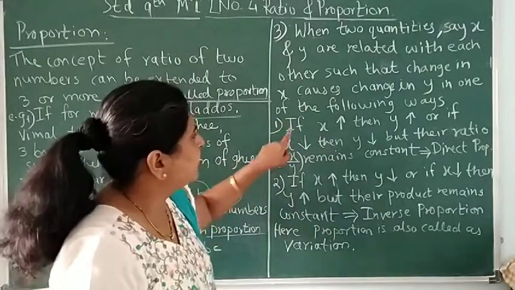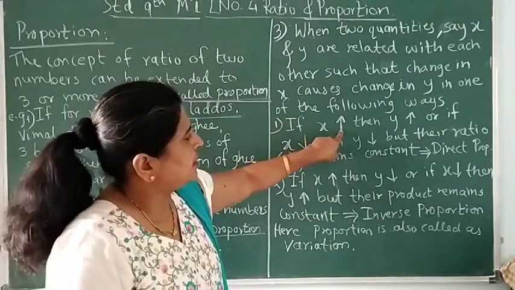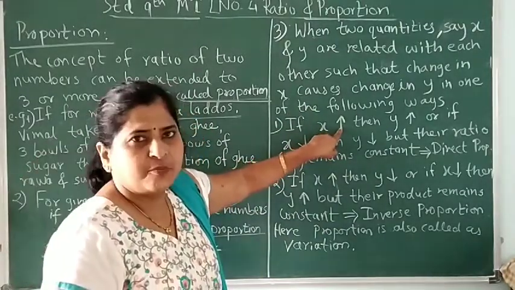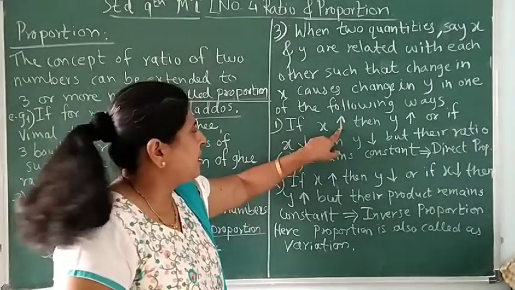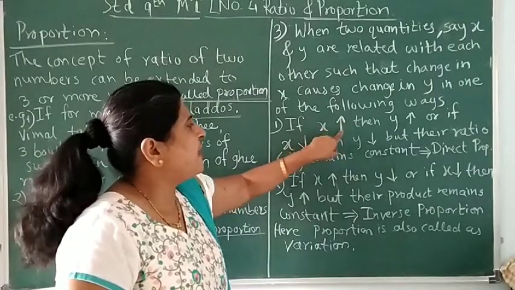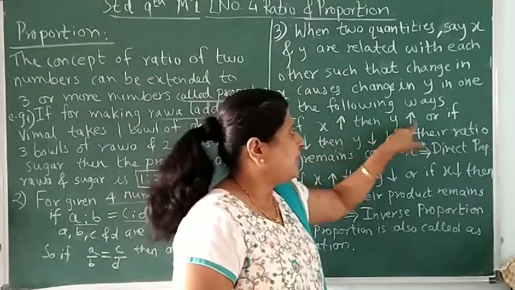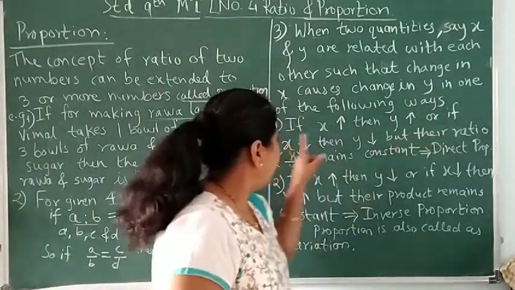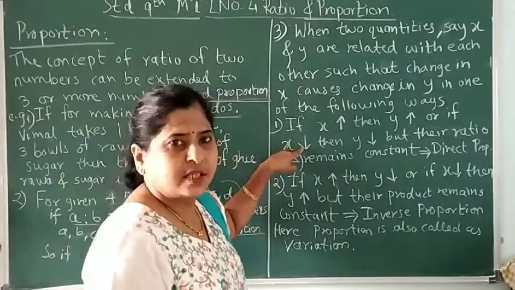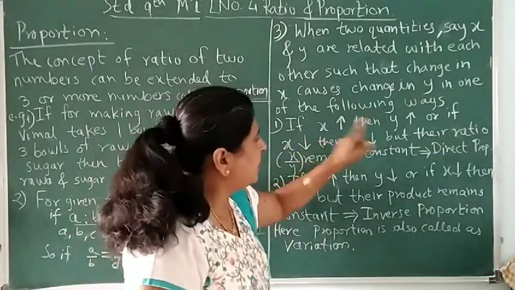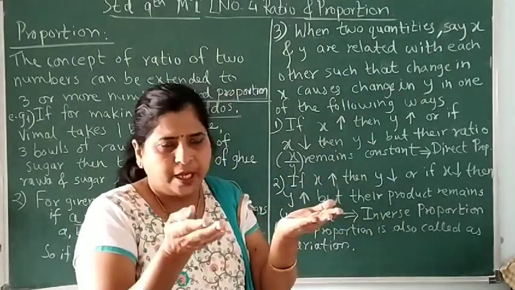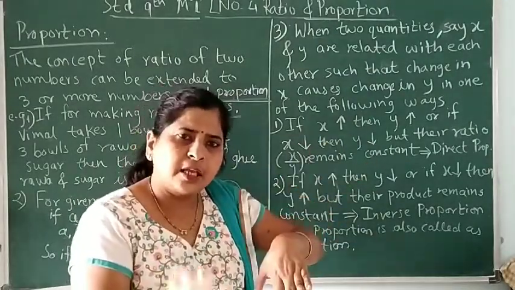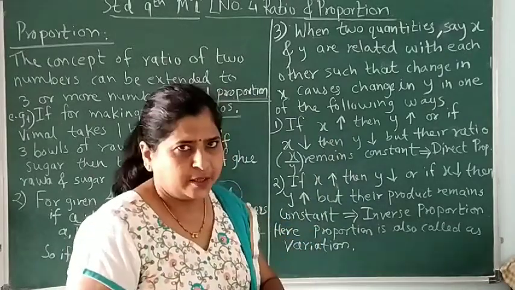What is the first way? I have written it in symbols. If x increases, shown by the upward arrow, then y increases. Or if x decreases, shown by the downward arrow, then y decreases. Means an increase in x gives an increase in y, or a decrease in x gives a decrease in y.